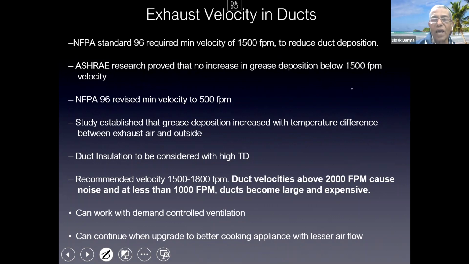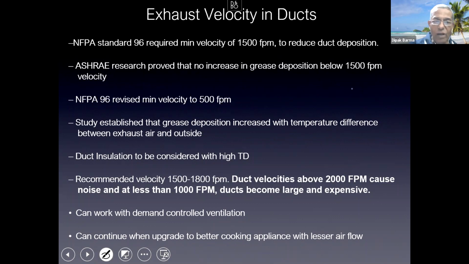But since the NFPA standard is there, which has finally been revised again to mention that the minimum velocity of exhaust air should be 500 feet per minute, I would still suggest that you go around 1500 feet per minute velocity in exhaust air, because it does help. Even if there is no grease deposition, at least the particulate matter will get carried away because of the air velocity, and the duct will remain relatively cleaner.